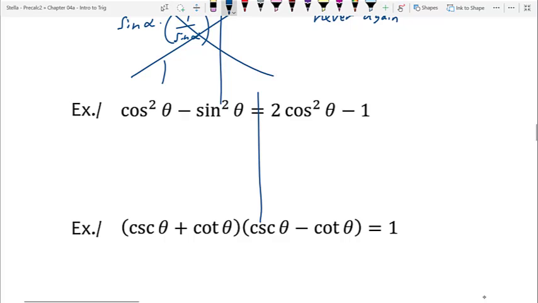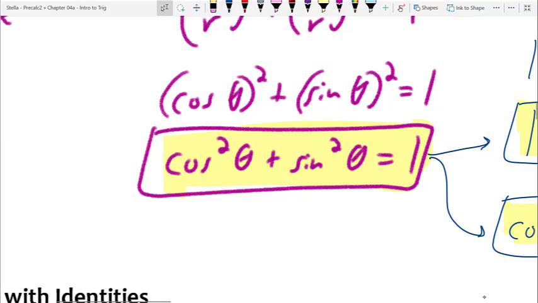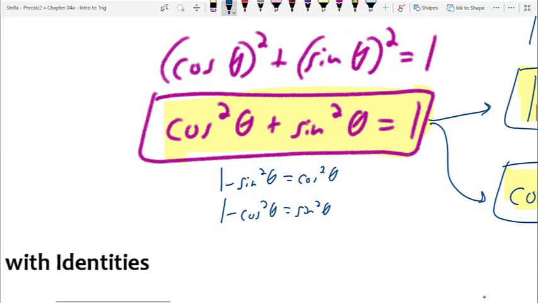But I know I want everything on the left side to be made into cosines. And to do that, I'm going to use this identity and replace sine. Well, I have something that uses sine squared. If I look back up, I know that I have this identity, which can be thought of as 1 minus sine squared theta is equal to cosine squared theta, or 1 minus cosine squared theta is equal to sine squared theta, whichever one we want.